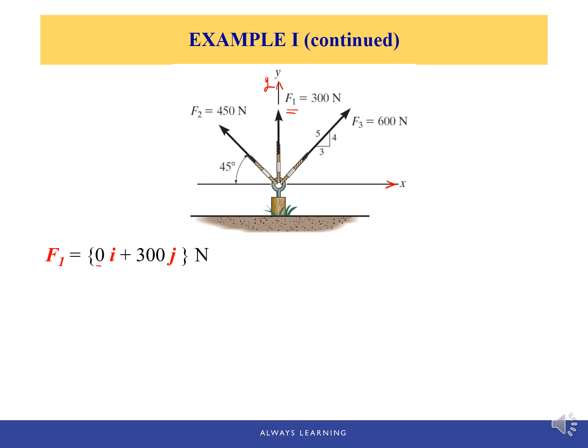And for F2, there is a 45-degree angle between F2 and the negative x axis. So we need to resolve F2 into its components.